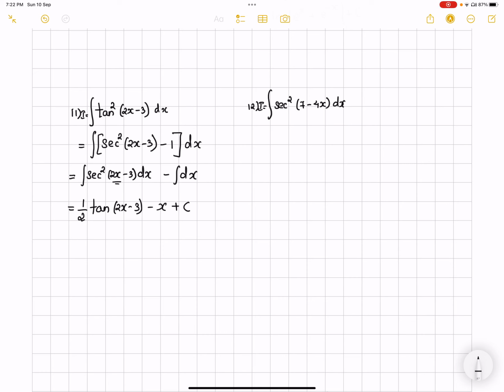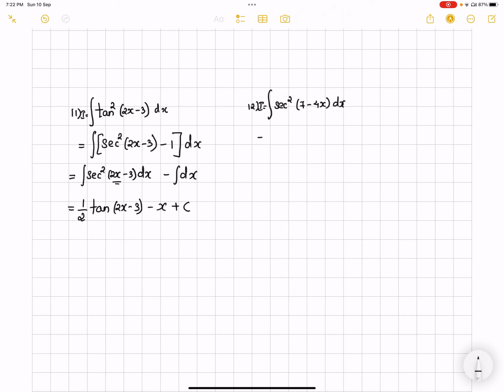I is equal to, I'm considering. I'm not using substitution here, but I'm using the formula which has been derived using the substitution method, so that you can use it directly instead of wasting time with the other procedure of considering 7 minus 4x as t and then doing it. Instead, we can use it directly.